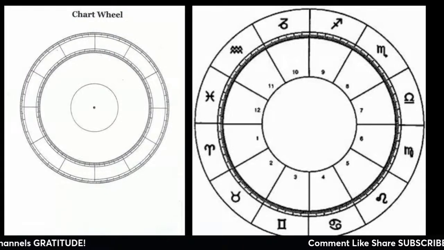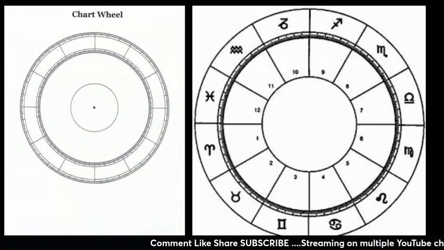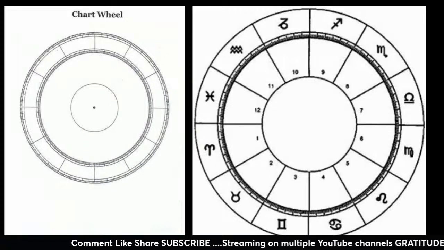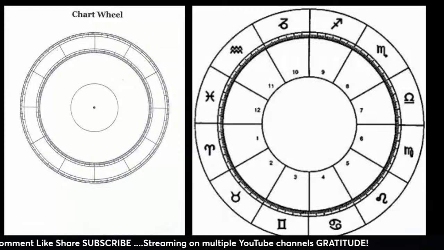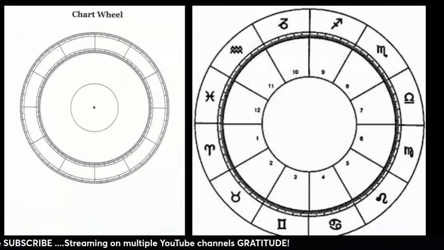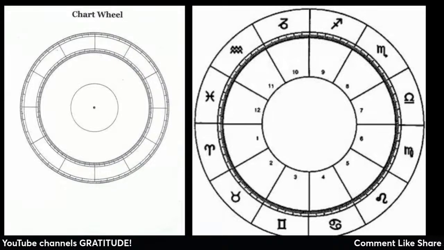There's many reasons. So again, for people who are here and want to participate in class, I do have an activity that you can take part in. So you can go ahead and create your chart wheel as well.